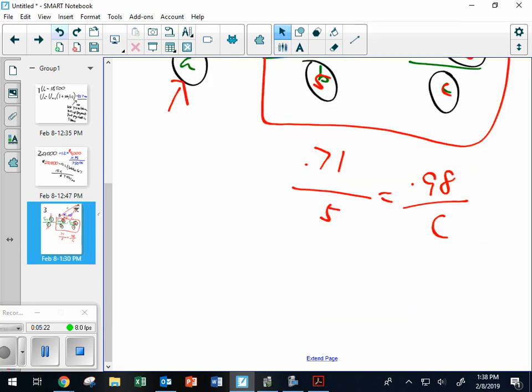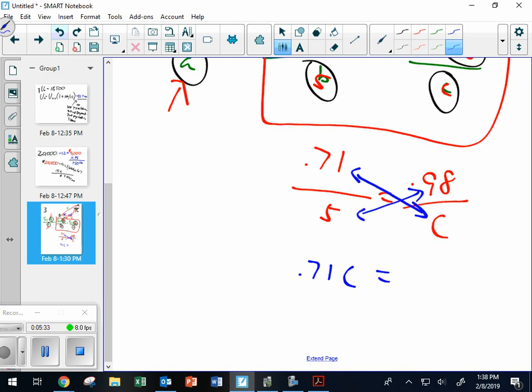When the variable's on the bottom, it's one of the few times where cross-multiplying is actually pretty smart. This is that time. So I'm going to say 0.71c is equal to 0.98 times 5. I'm going to do that on the calculator. It's 4.9.